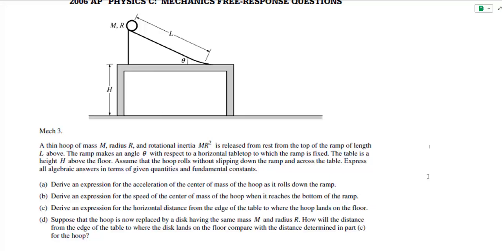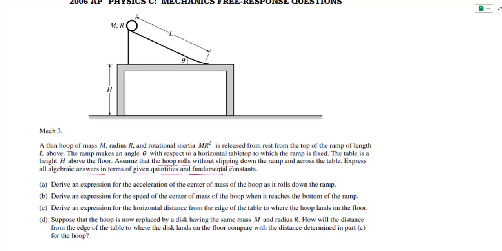It is released from rest from the top of a ramp of length L. The angle is theta, and the table is at height h above the floor. Assume that the hoop rolls without slipping down the ramp and across the table. Express all the algebraic answers in terms of the given quantities and the fundamental constants.